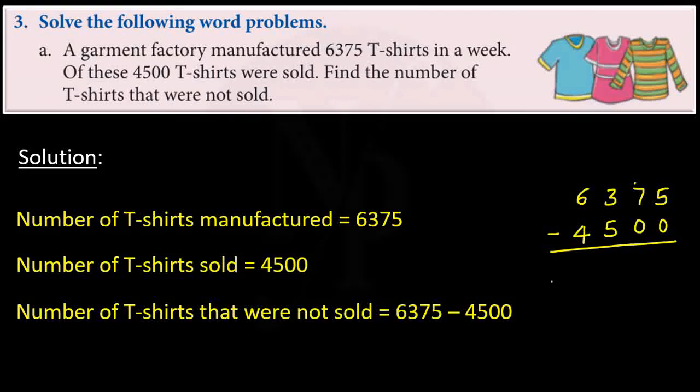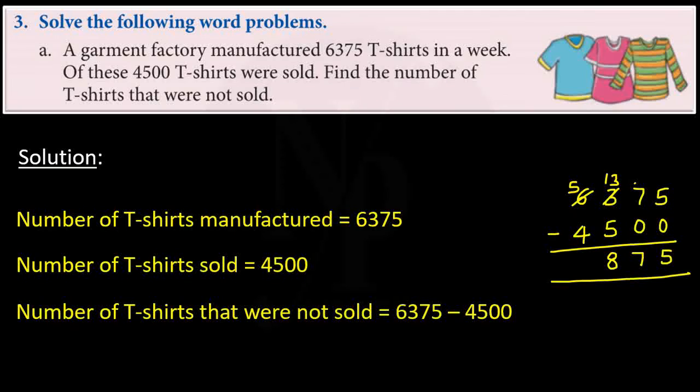Let us subtract now. On subtracting 0 from 5, you will get 5. Subtracting 0 from 7, you get 7. Subtracting 5 from 3 is not possible. Regrouping is needed. You make this 5 and this will be now 13. On subtracting 5 from 13, you get 8.